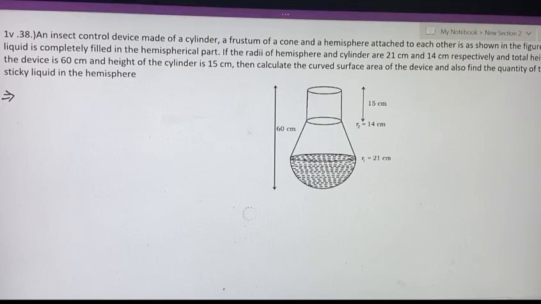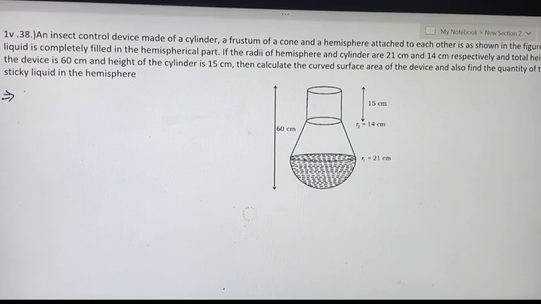So what is the formula for the CSA of the device? CSA, that is curved surface area of the device, is equal to, I'll write here, a combination of the three shapes.